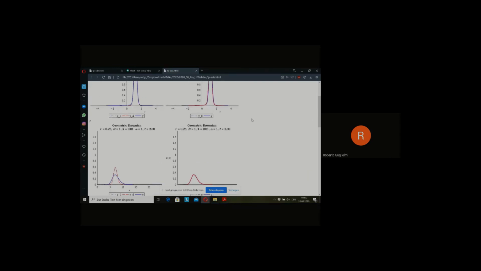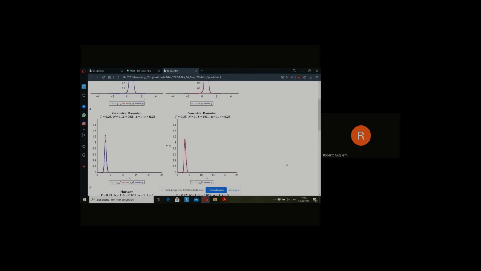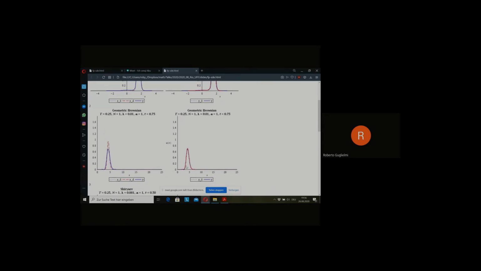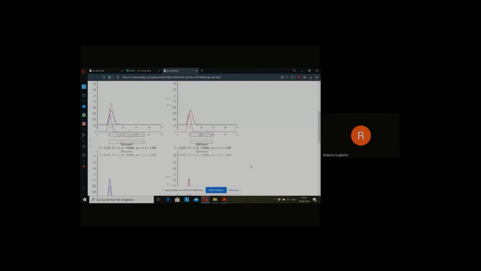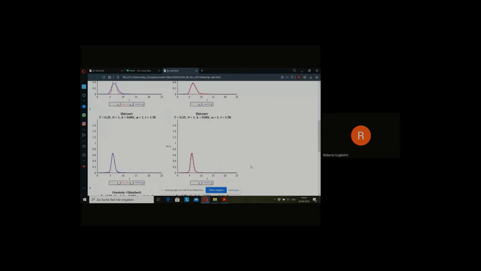process. Then we also did the same for the geometric Brownian motion. Also in this case, as you can see, the realizations of the stochastic process follow very well the PDF, the probability density function, as solution of the Fokker-Planck equation.